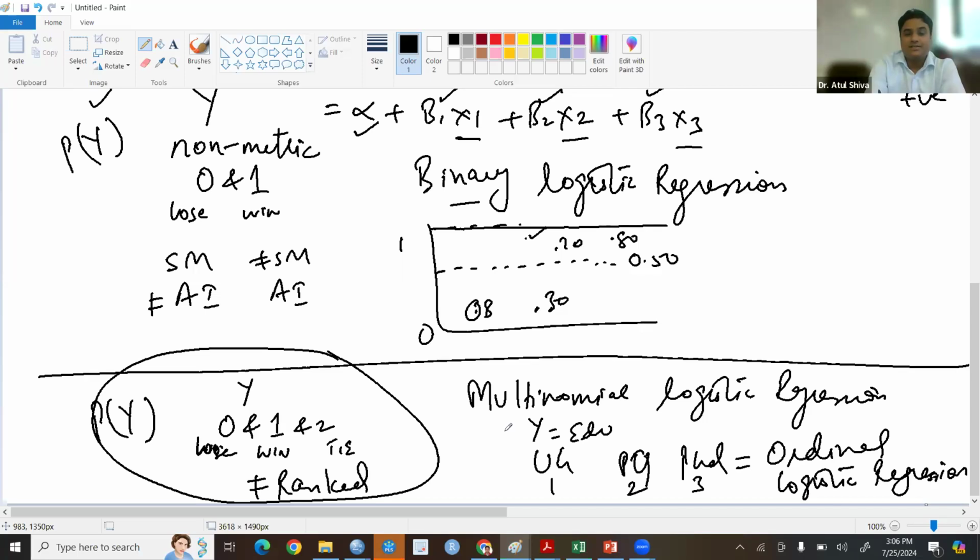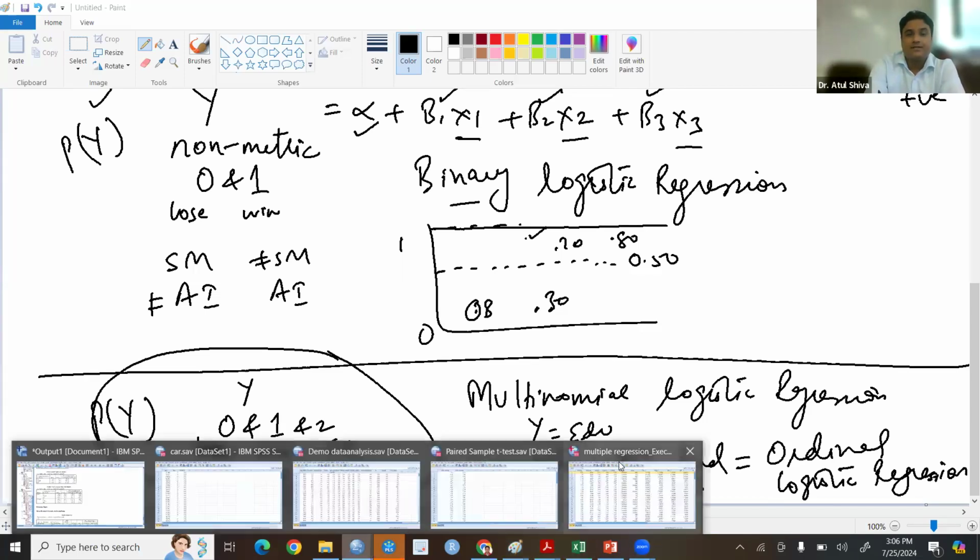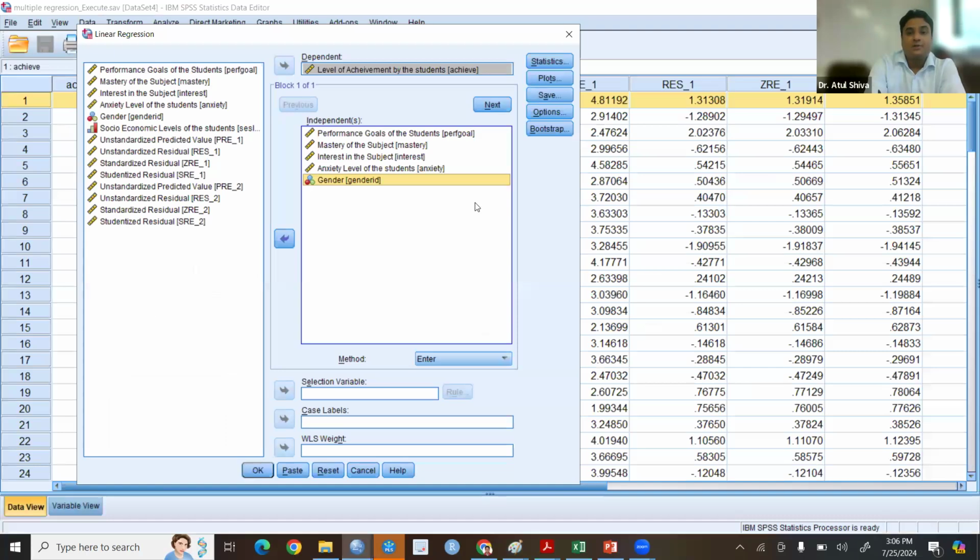So if you see this software, the option which you are looking for is a classic case of multiple regression. You see, the dependent variable is 1 and the DV is metric, and the independent variable is also metric, but gender was binary.